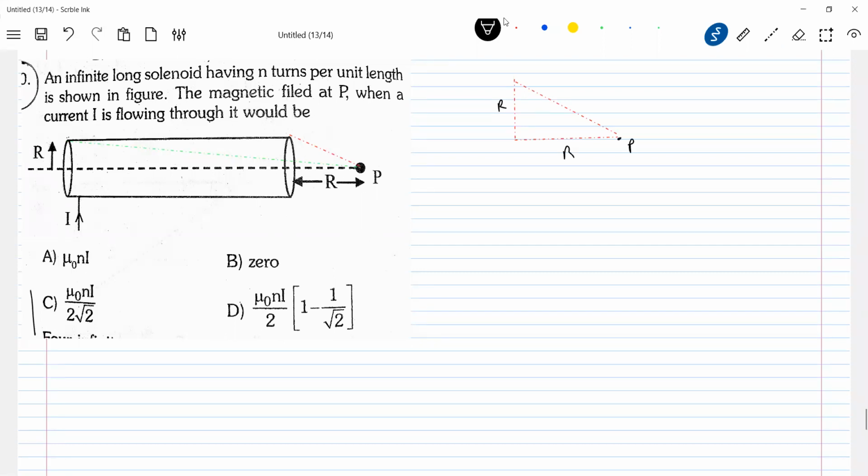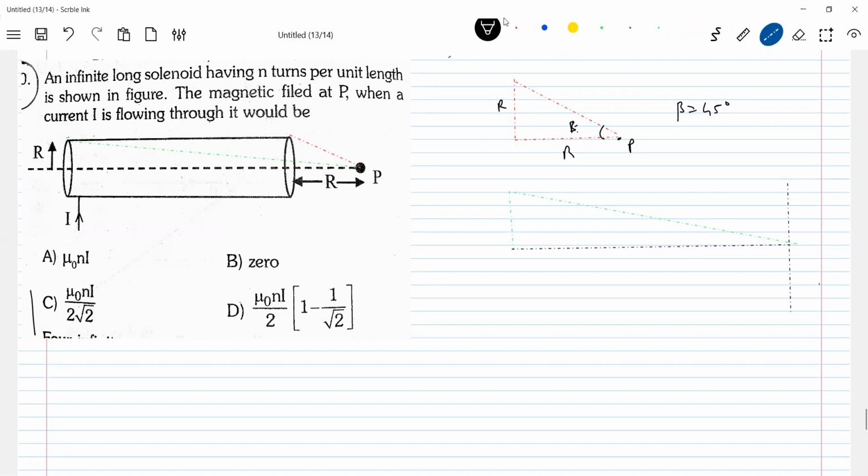So there's a point P. So what is this angle? 45 degrees. So this is the beta, no? And how much is beta? 45 degrees. What about the alpha? How do we measure alpha with respect to this vertical line only?